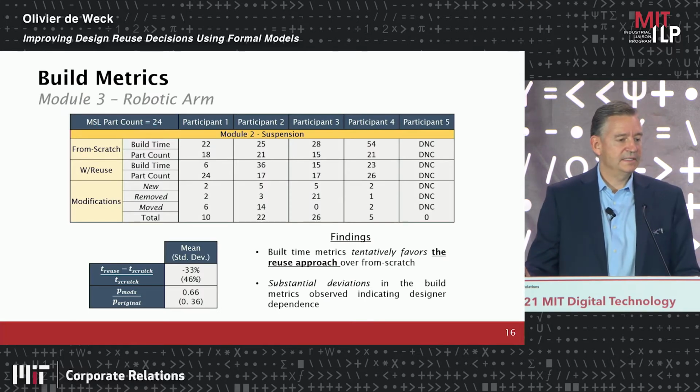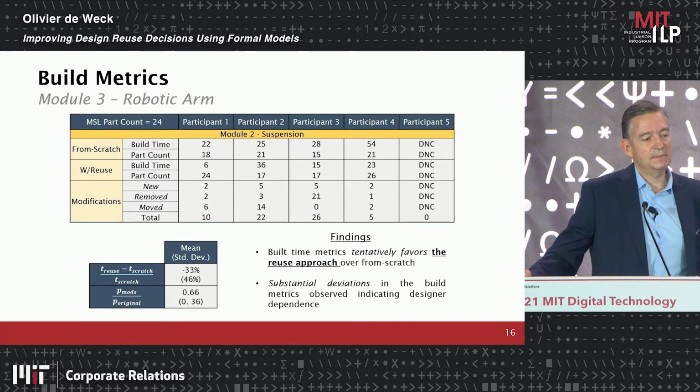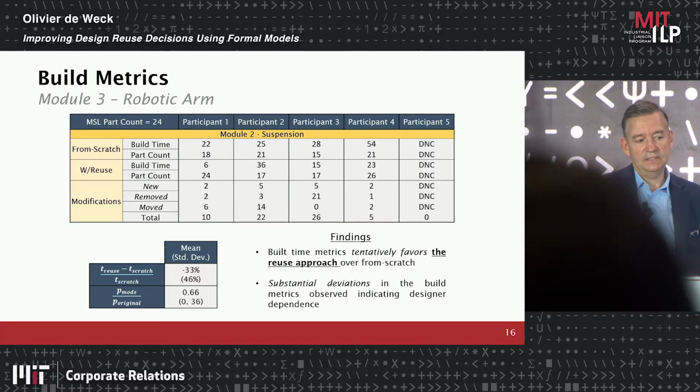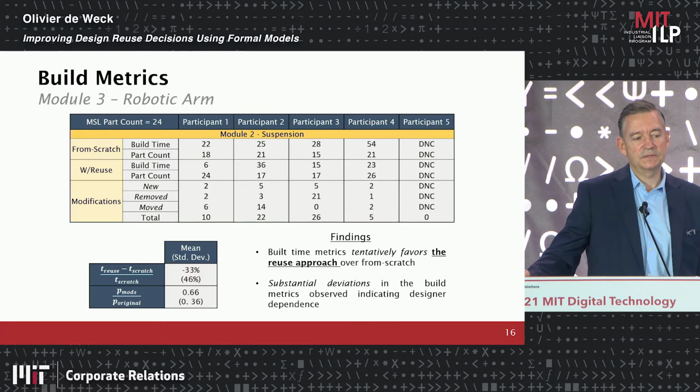And then what we did is we quantified for each participant in this trial, how much time did it take them? How many parts did they use in the design? You see the part count. You see the build time in minutes. So these are not like 5 days. It's like 30 minutes, 20 minutes, 20 parts, 30 parts, to find the amount of effort.